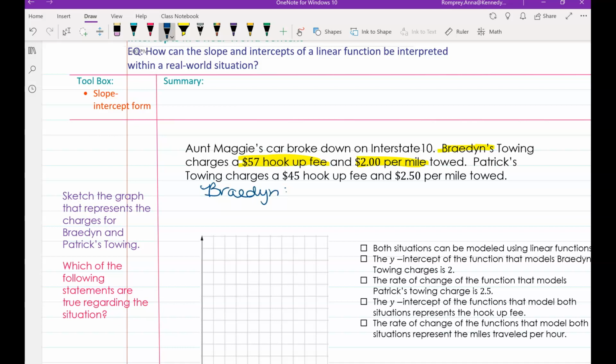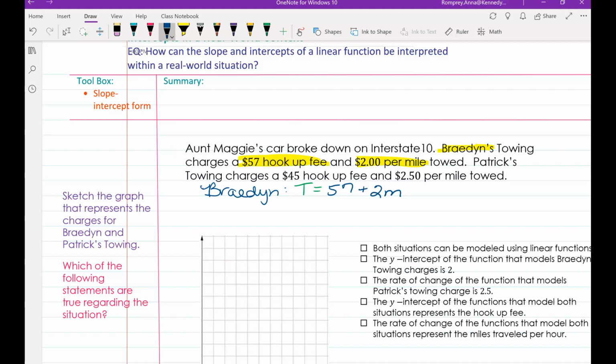All right, so Braden charges, what are we talking about? T for total. So T equals, so the total is made up of the $57 hookup fee plus $2 per mile.